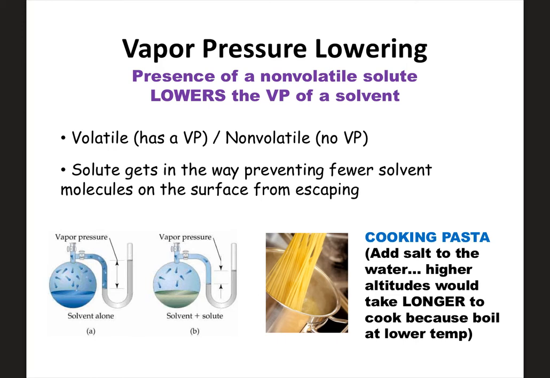By adding the salt, by adding a solute, you lower the vapor pressure of the solvent, which means you need to add more energy to make that vapor pressure equal to the atmospheric pressure and boiling to happen. So basically what that means is the water would actually be boiling at a higher temperature, which is what you want to be able to cook your pasta.